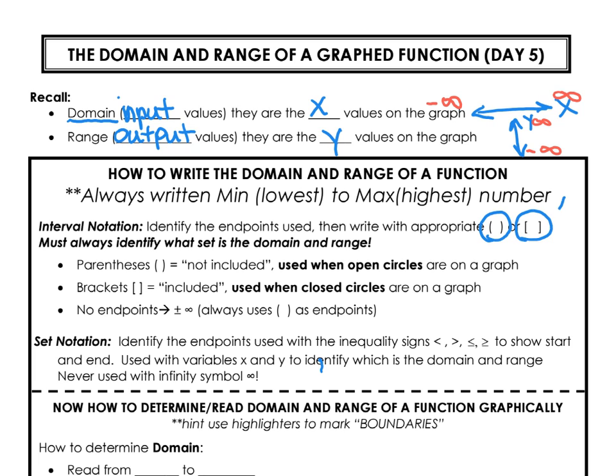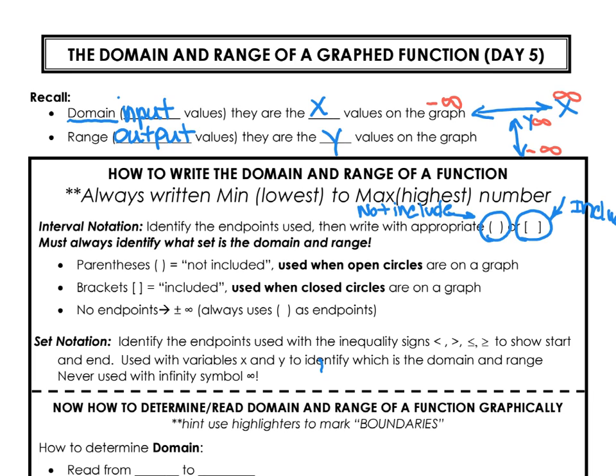Okay, the difference between them is that these include values, where these come close but don't include or not include. You never want to include infinity or any open circles.